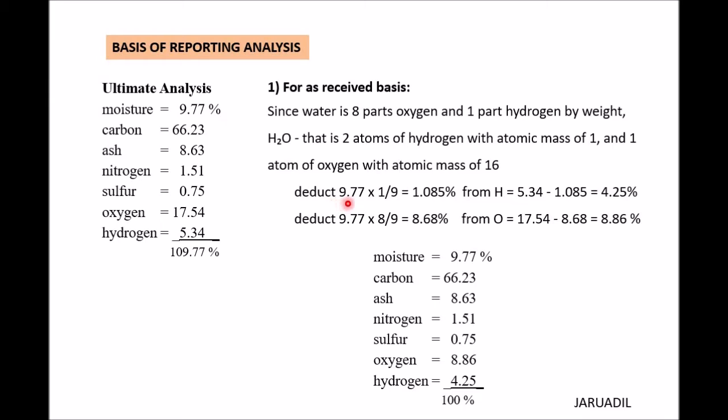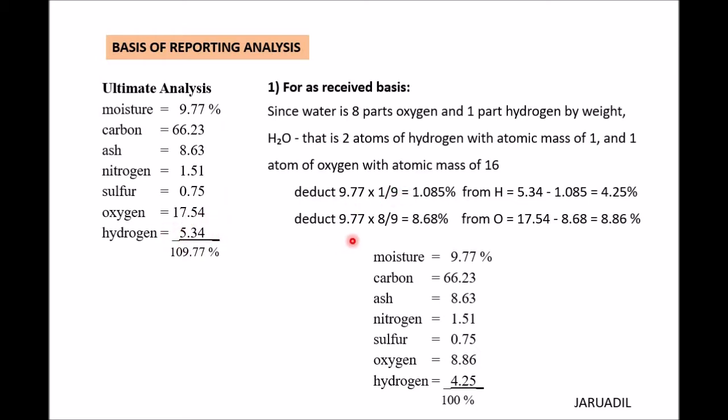So you deduct 9.77 times 1/9, which is 1.085%, from this one, 5.34%, yung hydrogen natin. So we got 4.25%. Ang ibig sabihin niyan, dito sa as-received basis, yung hydrogen natin ay 4.25% plus yung hydrogen na nasa moisture, which is equal to 5.34% in total.